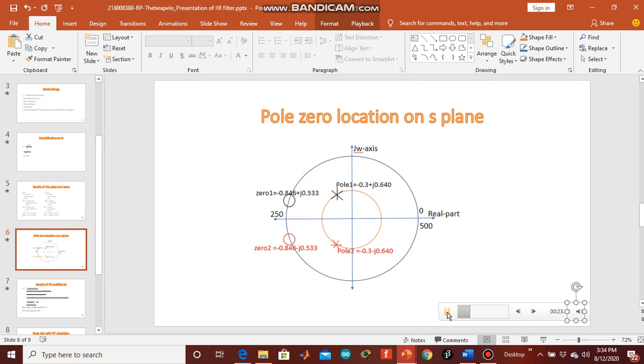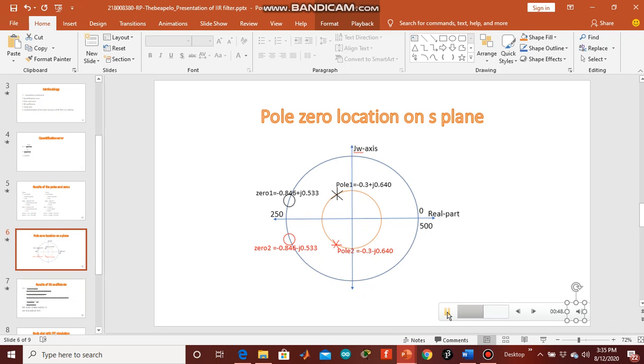Pole 1 is negative 0.3 plus j 0.640, which means we've moved up across the j omega axis by 0.640, and we've moved across the real part to the left by 0.3. And pole 2 is negative 0.3, negative j 0.640.